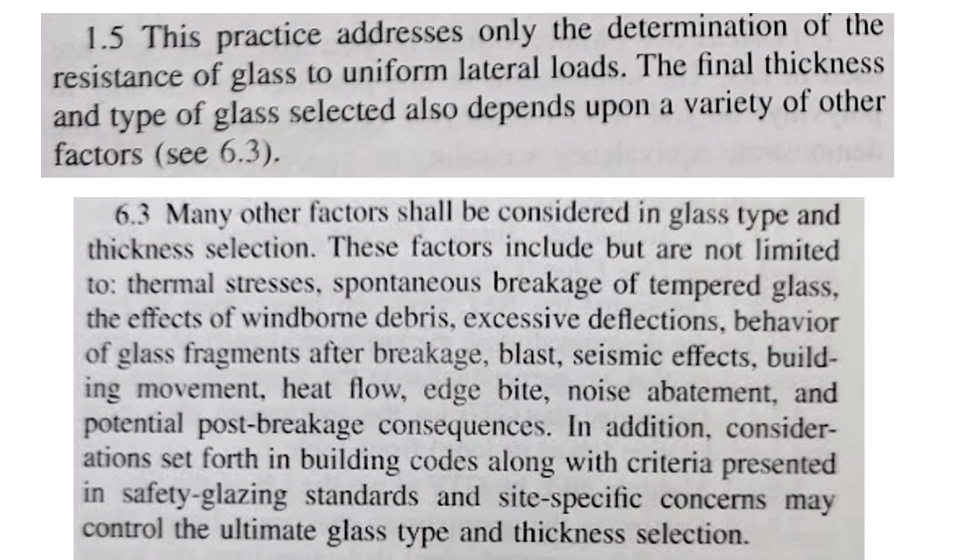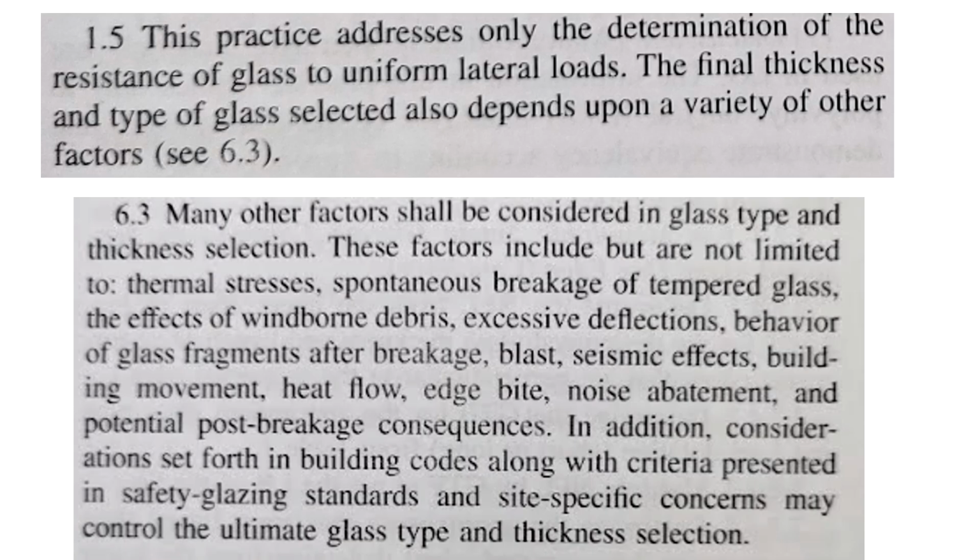These factors include, but are not limited to, thermal stresses, spontaneous breakage of tempered glass, the effects of windborne debris, excessive deflections, behavior of glass fragments after breakage, blast, seismic effects, building movement, heat flow, edge bite, noise abatement, and potential post-breakage consequences. Okay, so you got all these other factors that are going to affect our load resistance calculations and what have you. But so there you go.